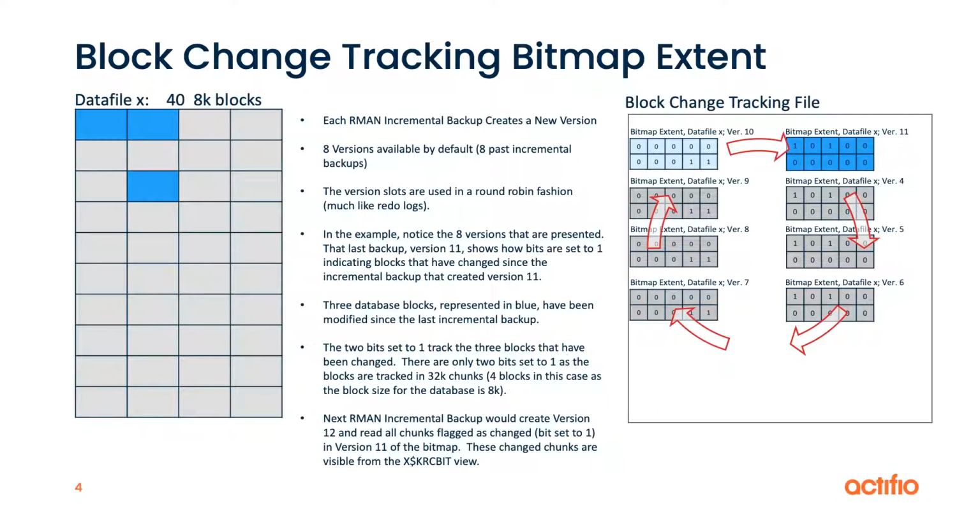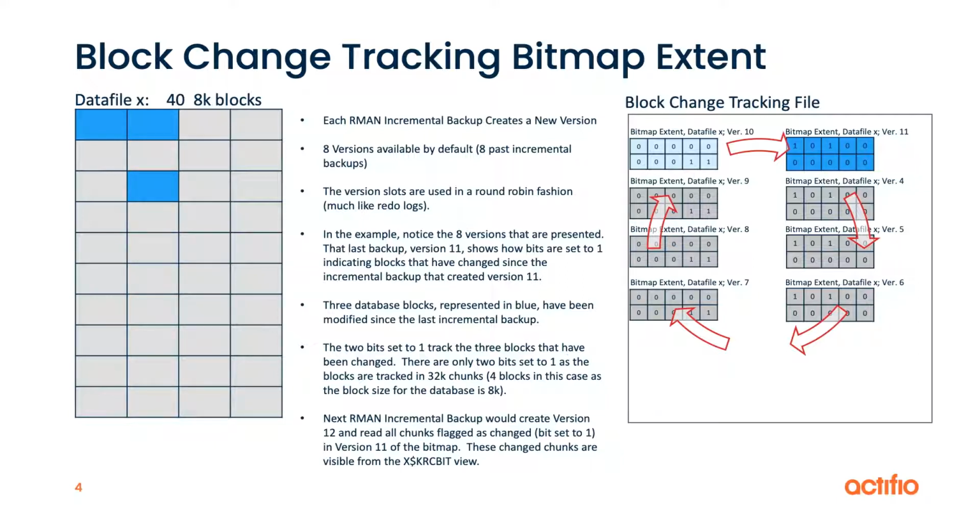Now what those represent, if we look back at our data file here, is that those first 4 blocks represent a 32K chunk. Remember that we're not tracking in the block change tracking file at the individual block level, but for efficiency, we're tracking at the segment level, and that segment is a 32K chunk.